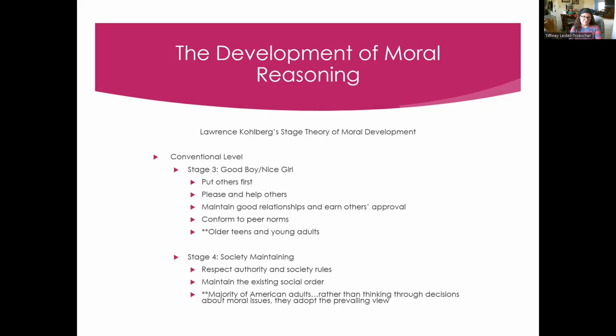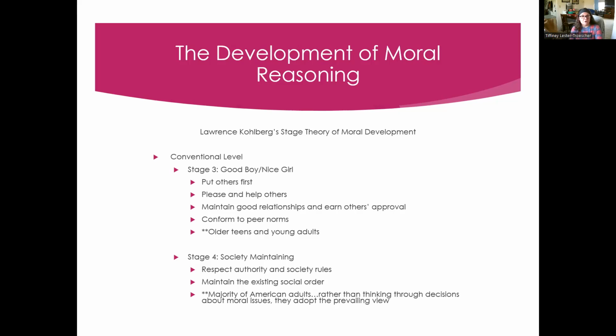Then we get to stage 4, which is the top tier of the conventional level here. And this is where our moral reasoning is more related to our respect for authority and society's rules. Our decisions are based on trying to maintain the existing social order.